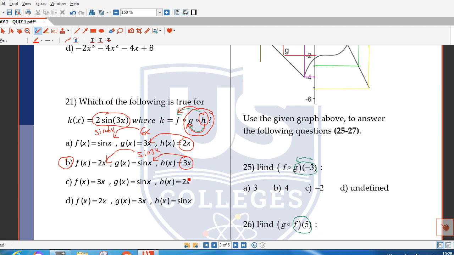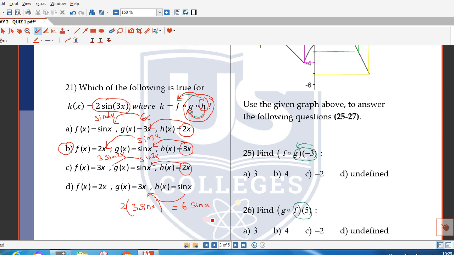Let's see the others, what will happen. 2x will be written in x, so it is sine 2x, and one more substitution, 3 times sine 2x, and the last one, 3 sine x, and all this stuff will be replaced in the function f. It gives us 6 sine x, so our answer is B.